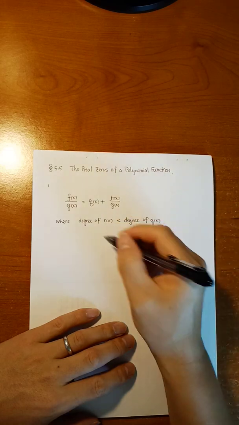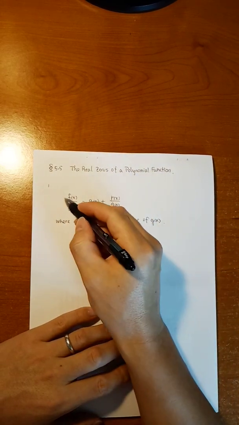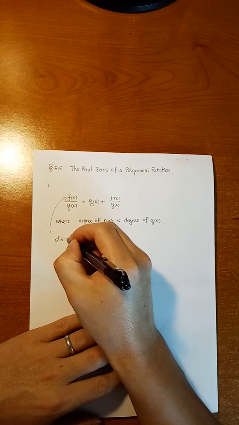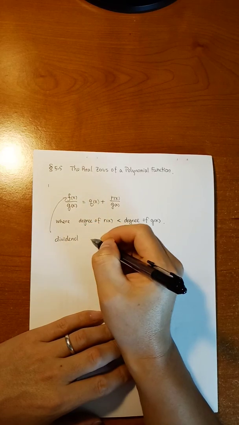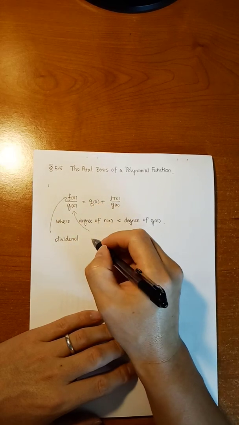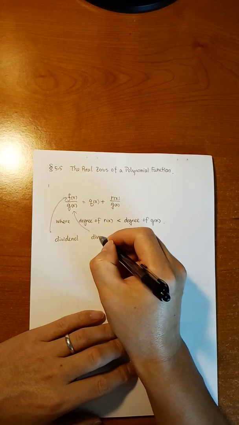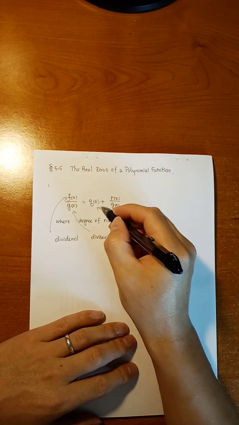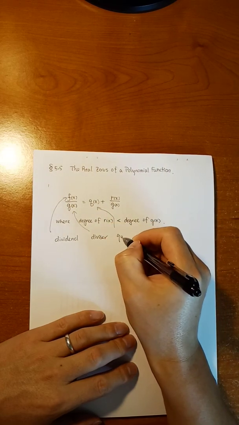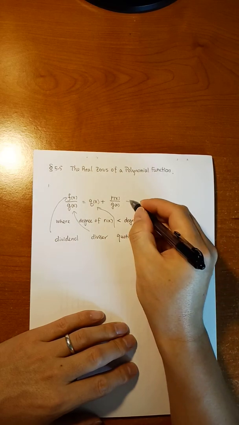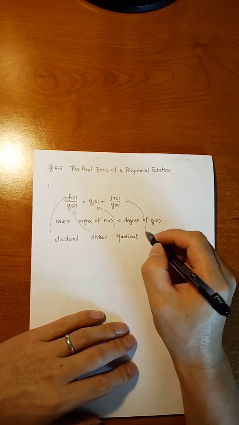Again, the numerator is called the dividend, and the denominator is called the divisor. And this q is called the quotient, and this r is called the remainder.